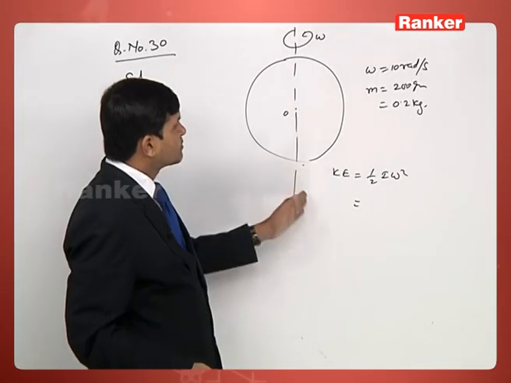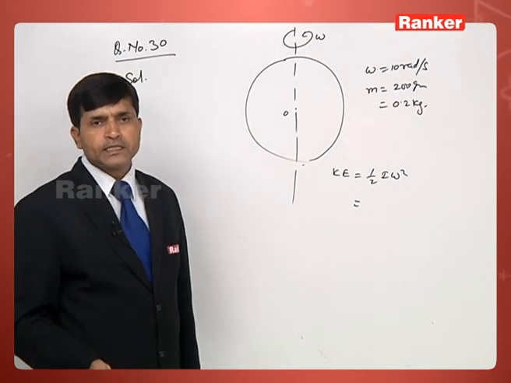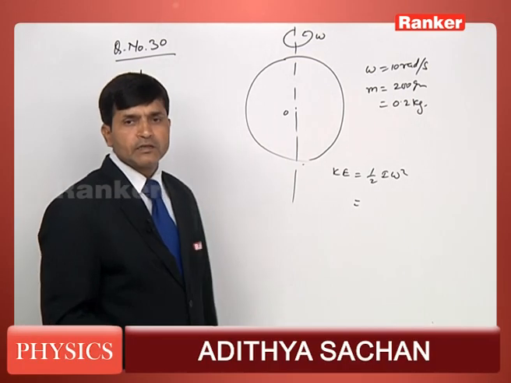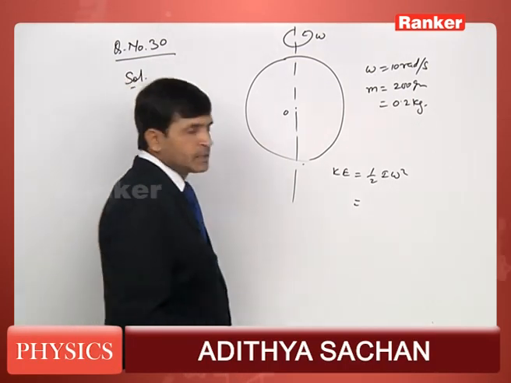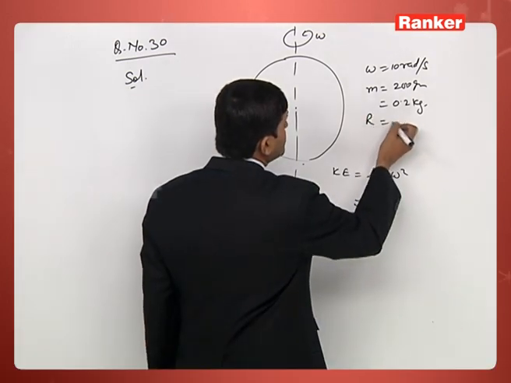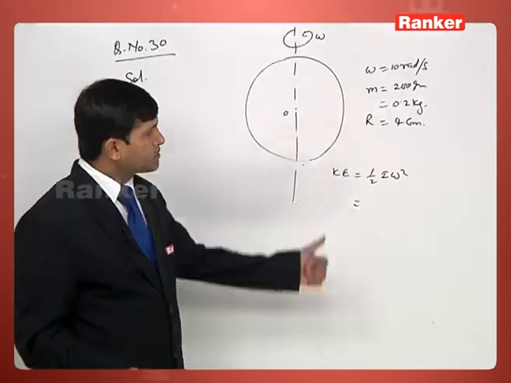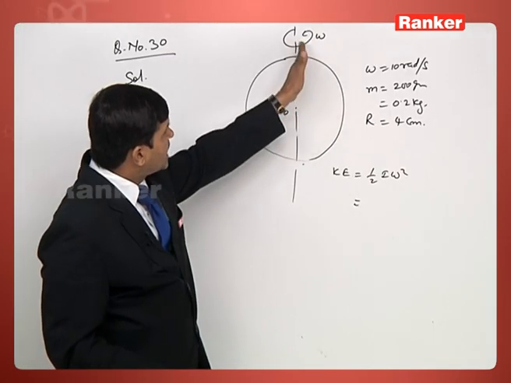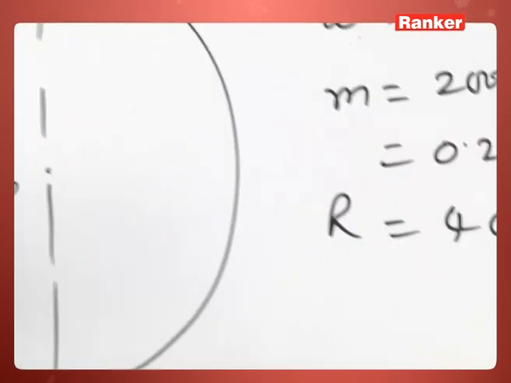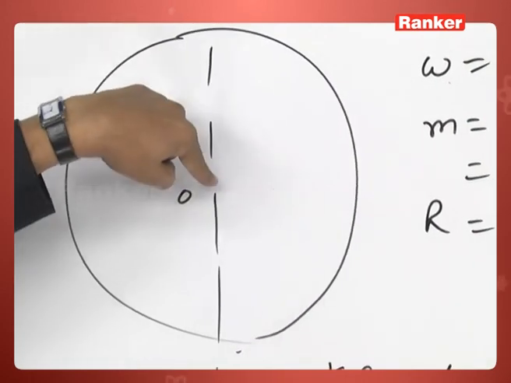About the axis perpendicular to the disc, the moment of inertia is m r square by 2.